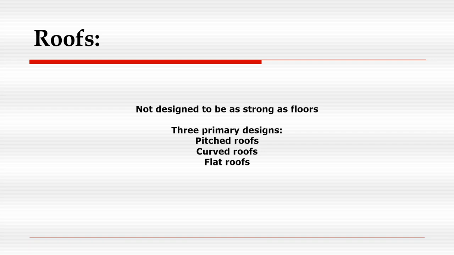Now we're going to talk a little bit about roofs. We're going to talk about roofs and just know that they're not designed to be as strong as floors. There's three types of, actually there's more, but the three primary designs that we're going to talk about are pitched roofs, curved roofs, and flat roofs.